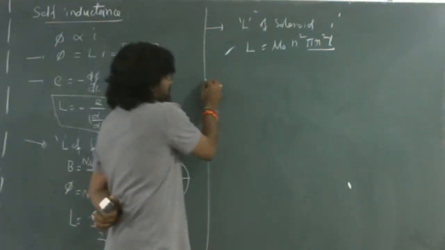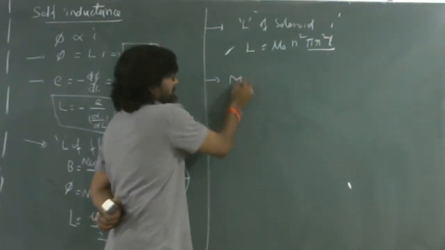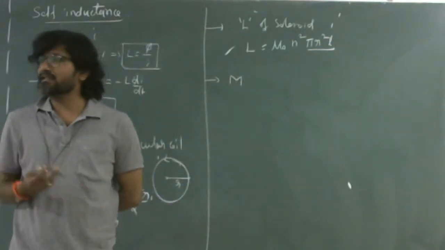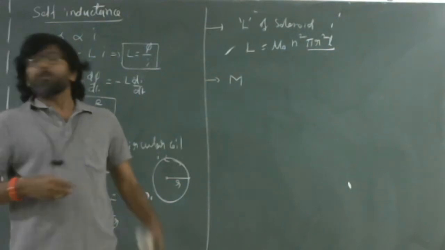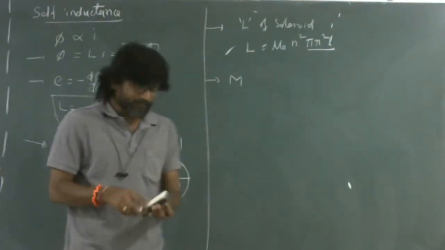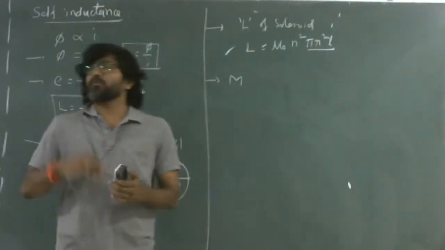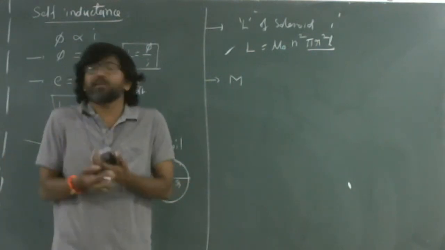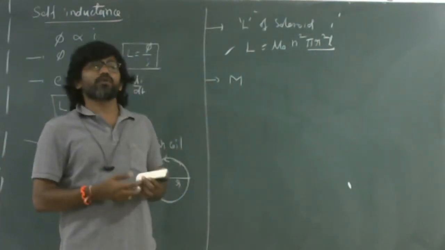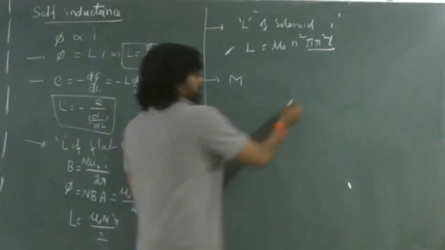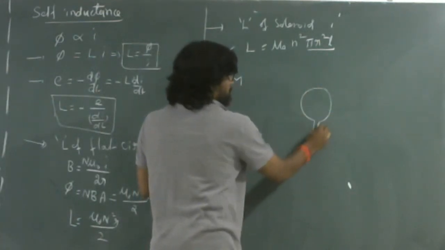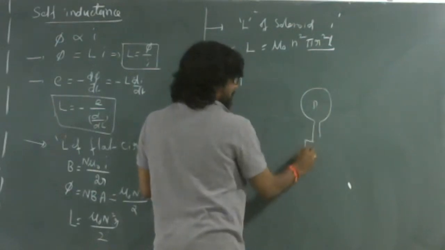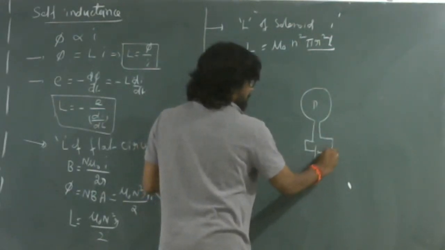And we have also discussed what is mutual induction and mutual inductance. Mutual induction is a process of producing induced EMF in a secondary coil due to change in current in the primary coil. In the figure, if you remember, the primary coil is connected to a battery and a plug key.